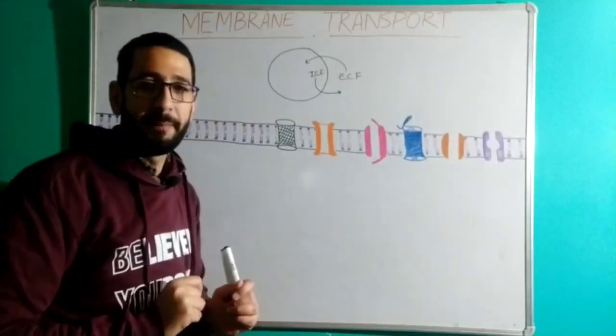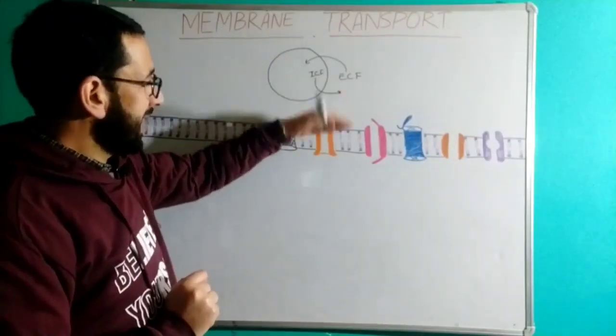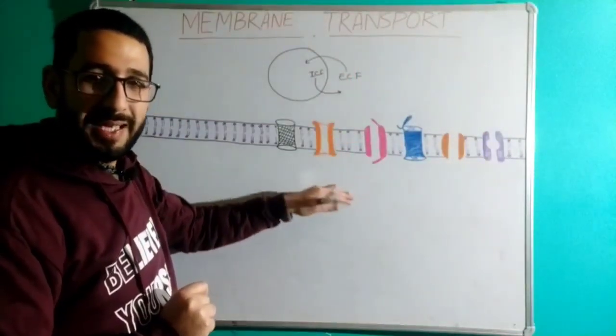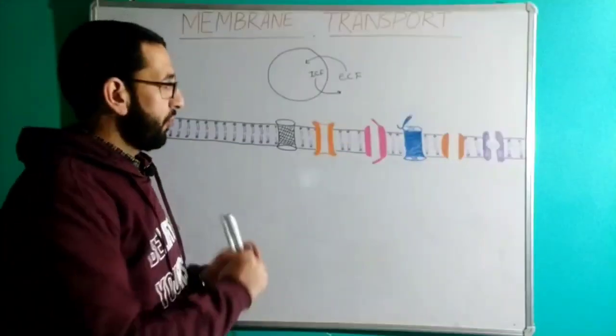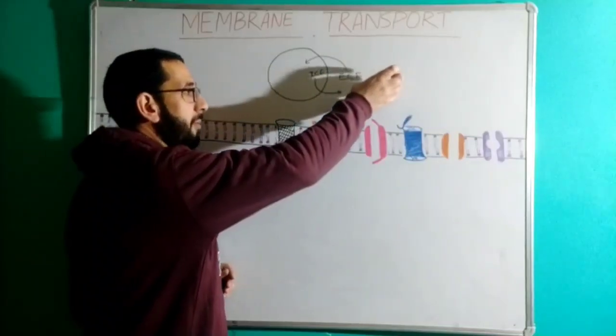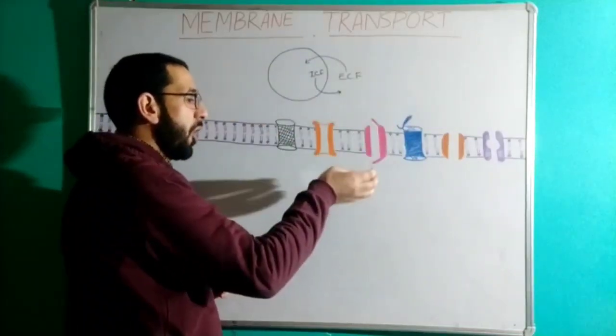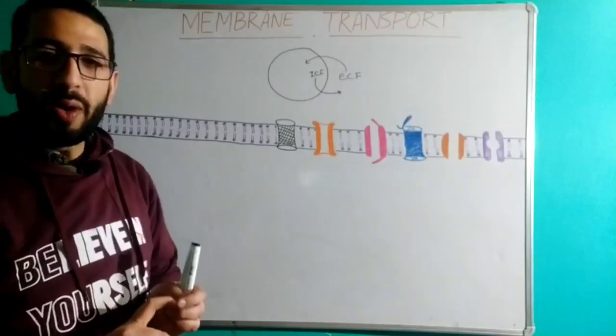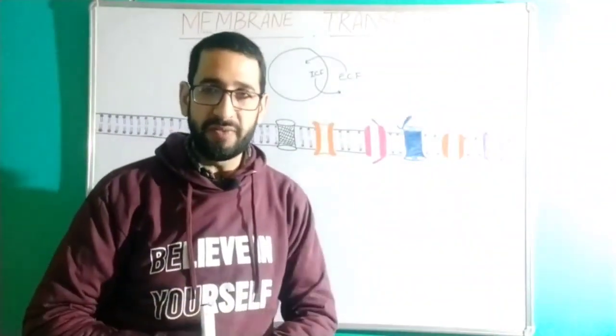Above this cell membrane is the extracellular fluid, or outside the cell, and below is the inside of the cell. Now we have to move substances from outside to inside or from inside to outside, and we will see how passive transport works.